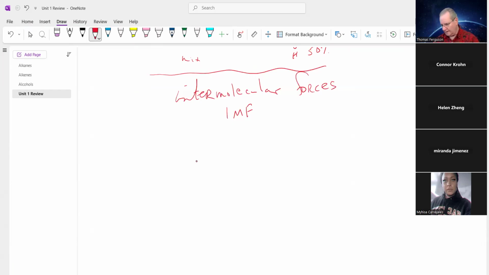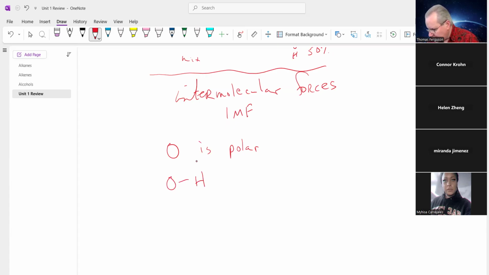Intermolecular forces, or IMF. Anything with oxygen in it is polar. And there are two ways oxygen can be utilized. One is with hydrogen, and that's the strongest.